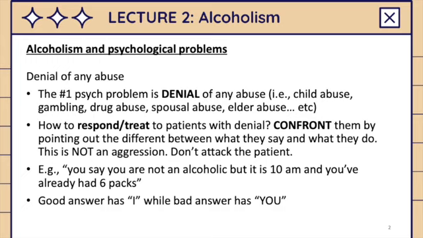In spouse abuse? Elder abuse? Denial is the number one problem in all abusive situations. Why is it number one? We're not recognizing the problem. How can you treat someone that denies they have a problem? Right? So until they admit they have a problem, you've got a problem.